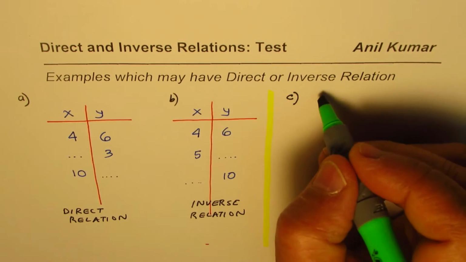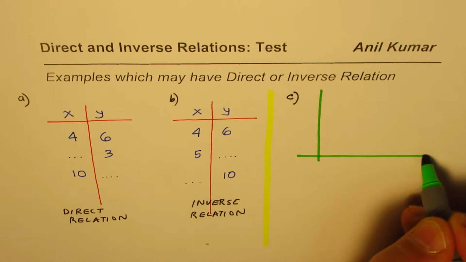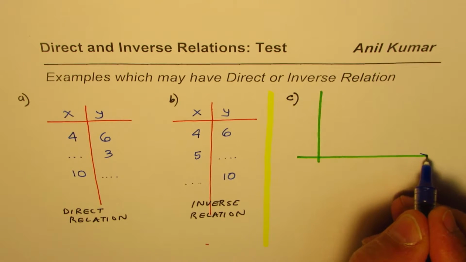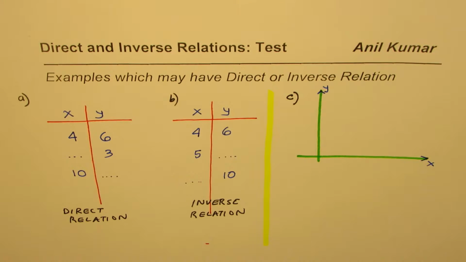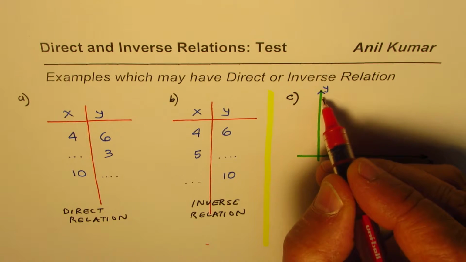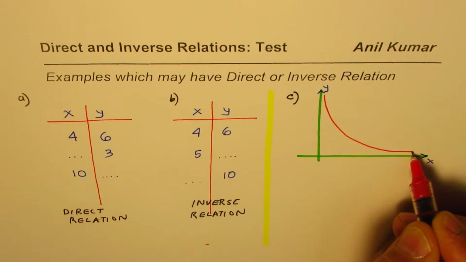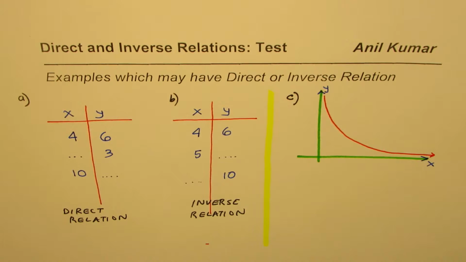I'm sketching two graphs. Okay, first graph. This is the independent variable x, this is the dependent variable y. The graph is something which is kind of coming down, going like this, right? And that is the kind of graph which we have.